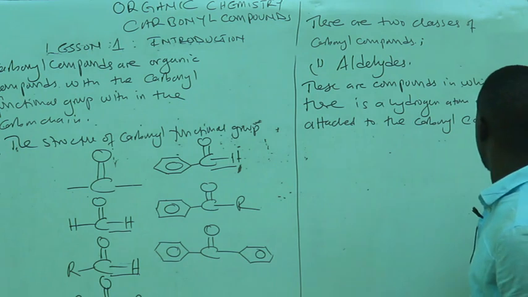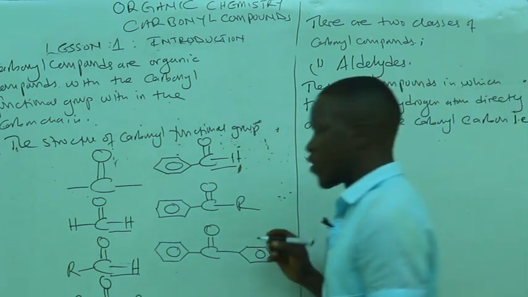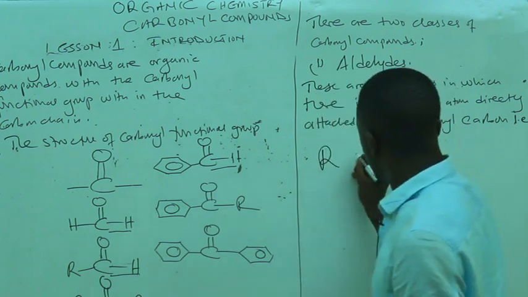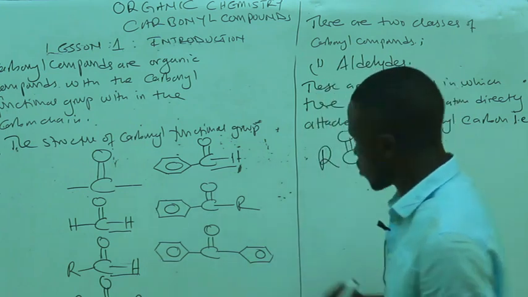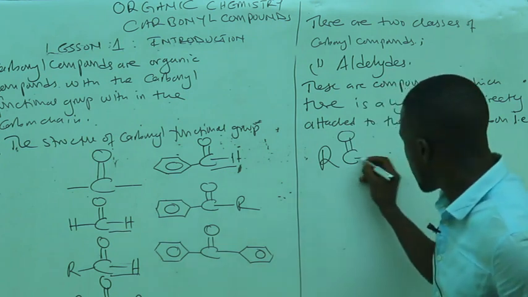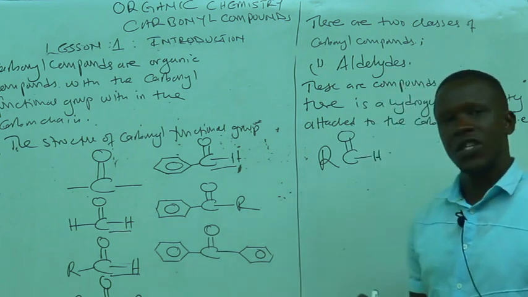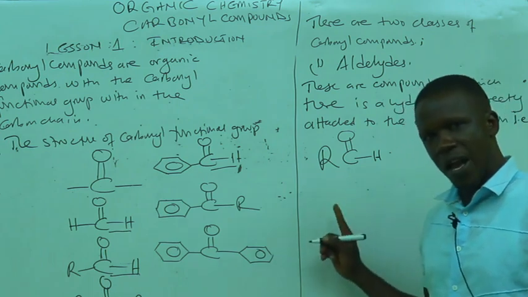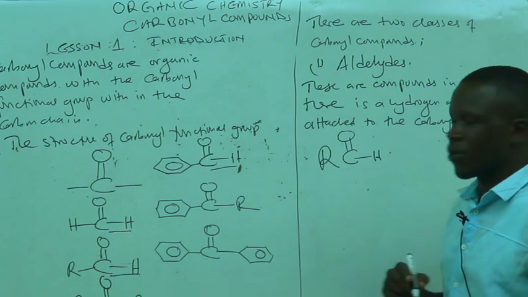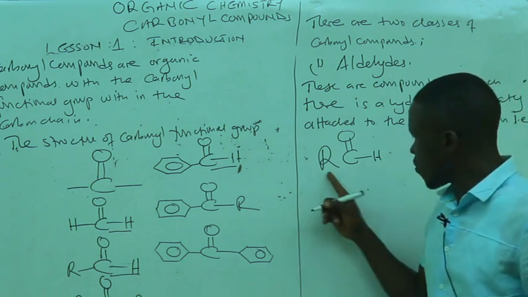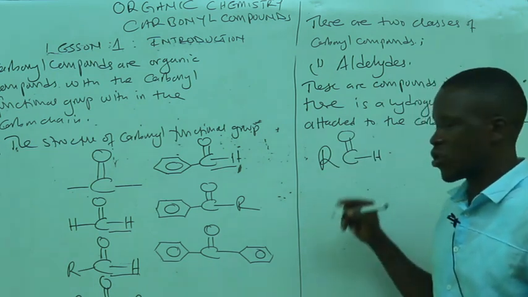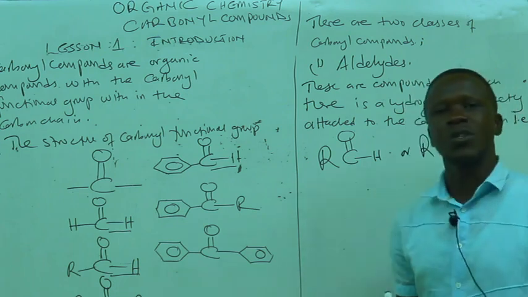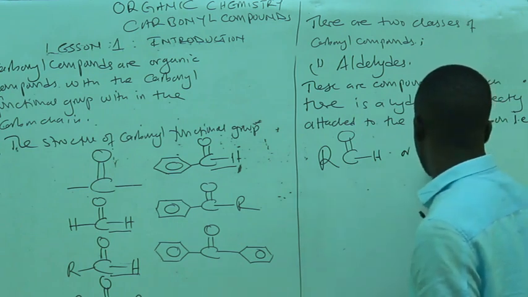That is to say, if this is our carbon chain, there is a carbonyl functional group to which the H is attached. And this is the general formula of such compounds called the aldehydes. The general formula is RCHO. Sometimes we simply do not expose the bonds and therefore write it as RCHO.